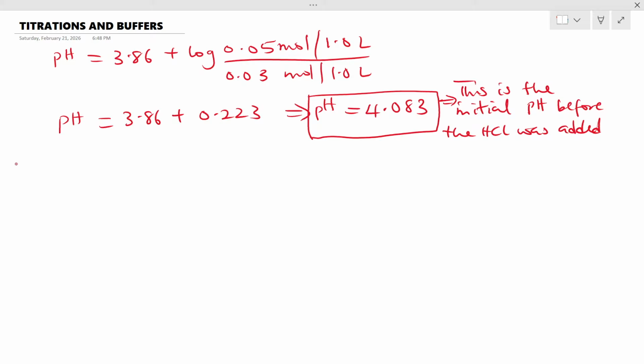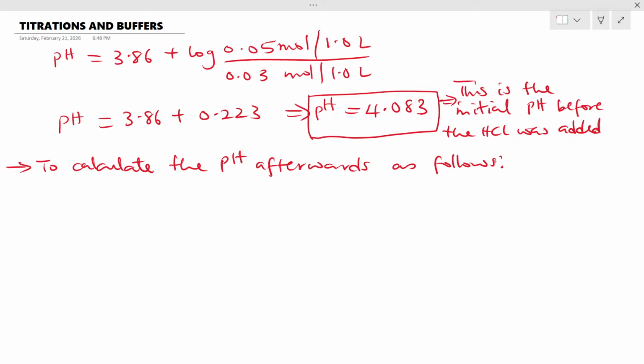So the next step is to calculate the pH afterwards, that is, the pH after the addition of HCl acid.